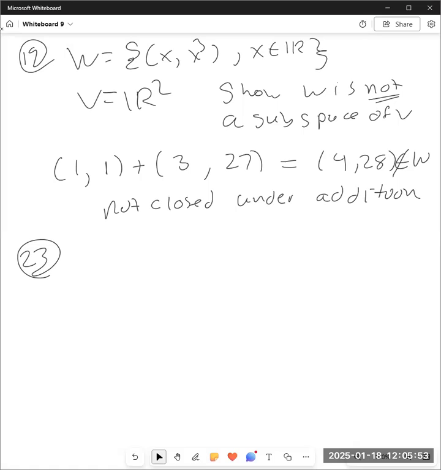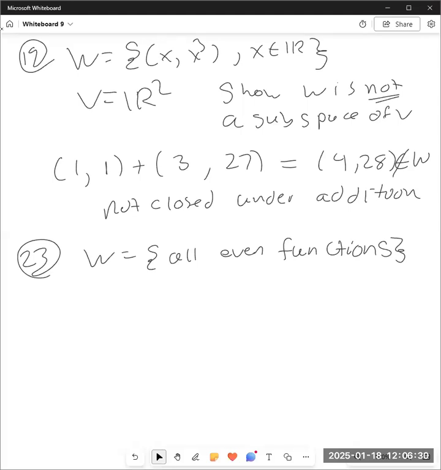Let's go on to number 23, which asks us to determine whether this is a subspace of all continuous functions. So the set of all even functions. I'd have a problem if they said the set of all odd functions, because the zero vector is not an odd function, but it is an even function.